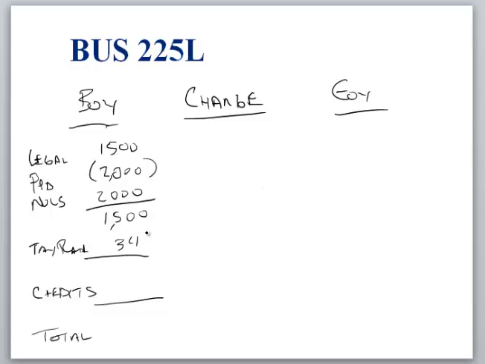I have a 34% tax rate, so 34% times 1,500 has got to be what, 515? 5 what? 20? 510? 510. I have credits of 1,200, meaning credits carrying forward will save me tax, so those are DTAs.